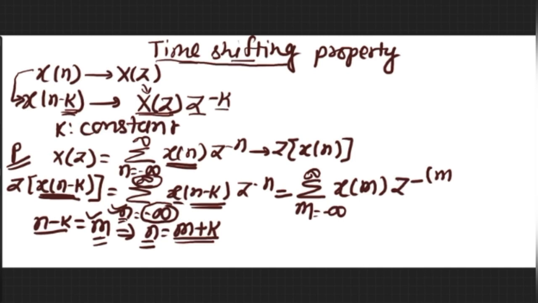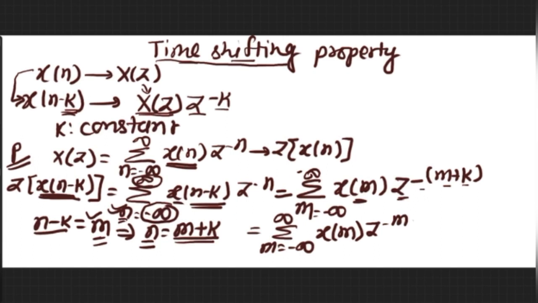Now, the equation is summation from m equals minus infinity to plus infinity x[m] z to the power minus (m plus k). Now, we can rewrite this equation as summation x[m] z to the power minus m times z to the power minus k.